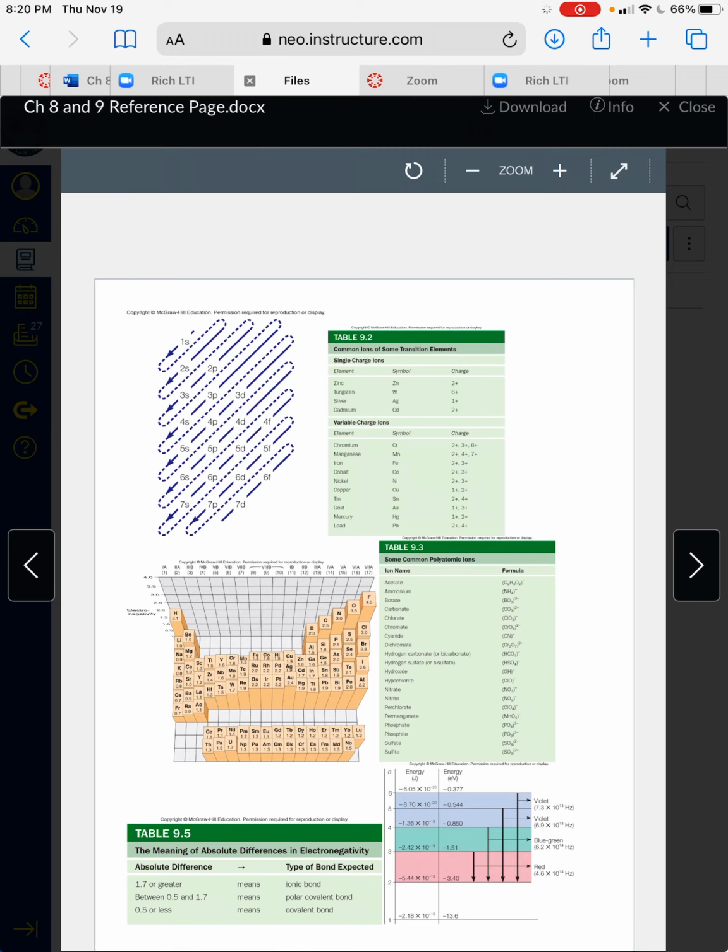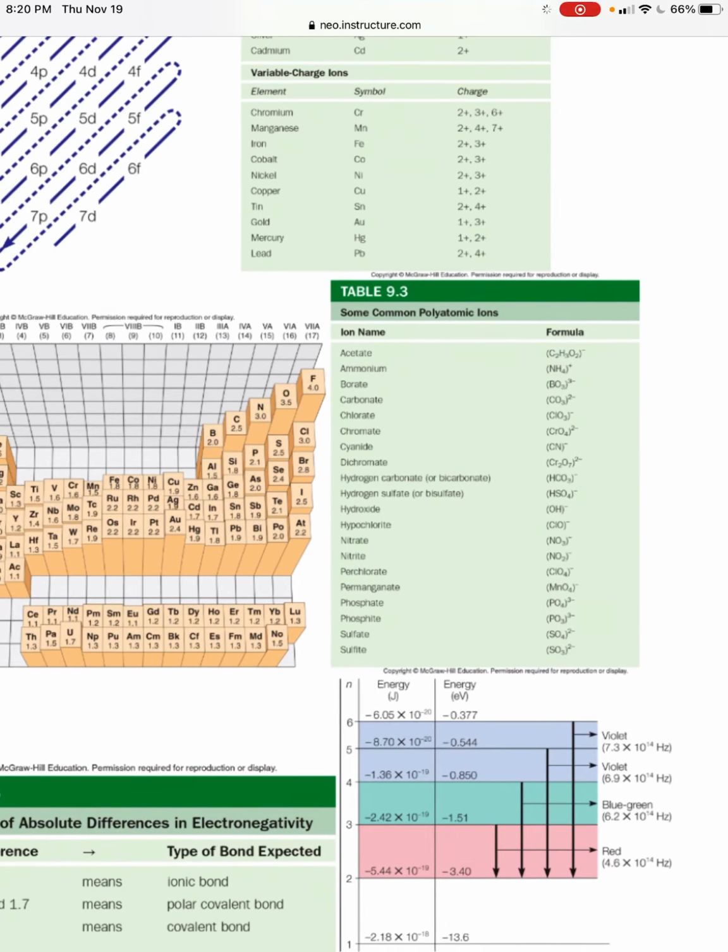If you go to the files on my Canvas, it should have a chapter 8 and 9 reference page. So this will be a good thing to look at to study.